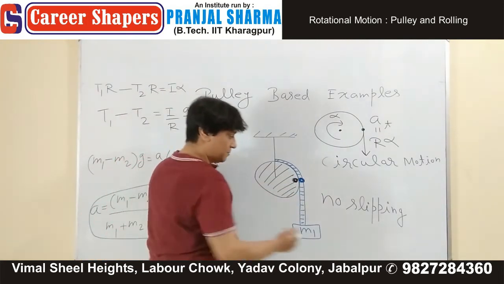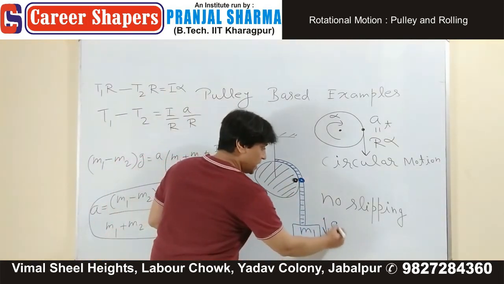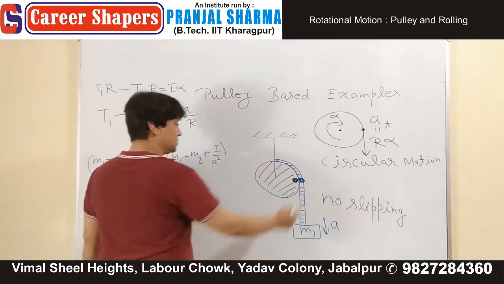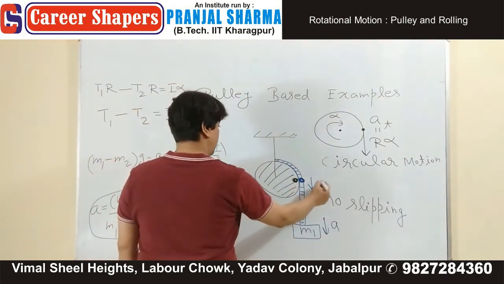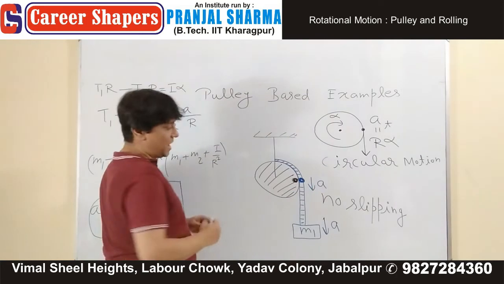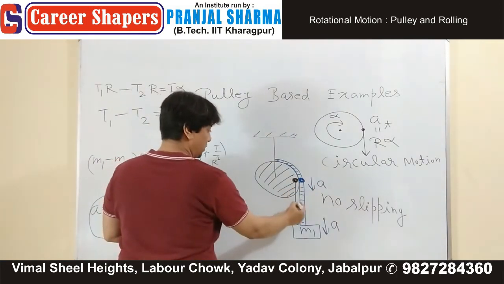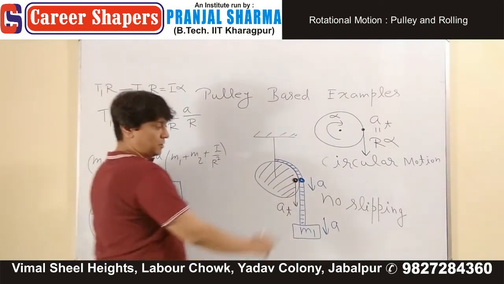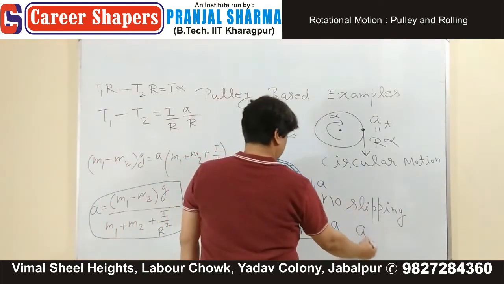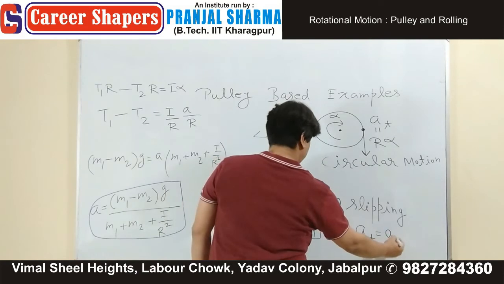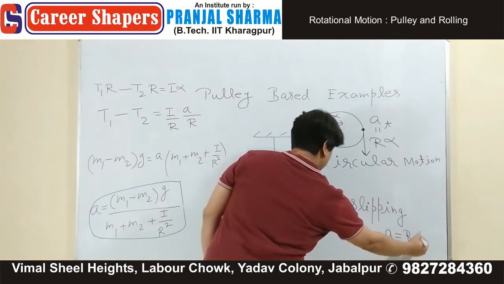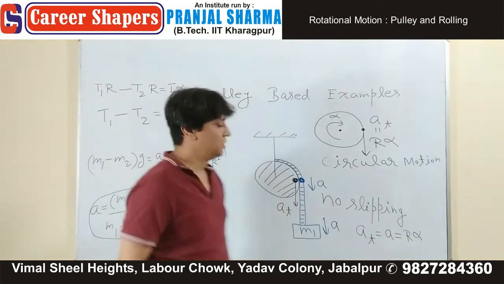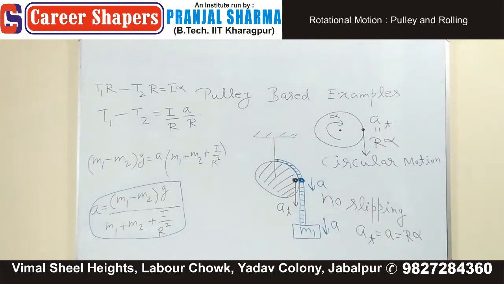If M is coming down with A, then this blue point is also coming down with A. And the black point is coming down with tangential acceleration AT. Because of no slipping, AT is A, which is R alpha. Hopefully you understand it.